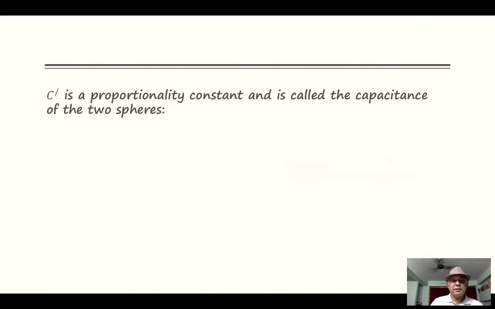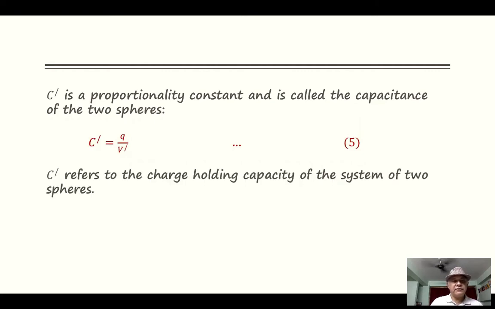C dash is a proportionality constant and is called the capacitance of the two spheres, where C dash is equal to Q divided by V dash. We call it equation 5. C dash refers to the charge holding capacity of the system of two spheres.